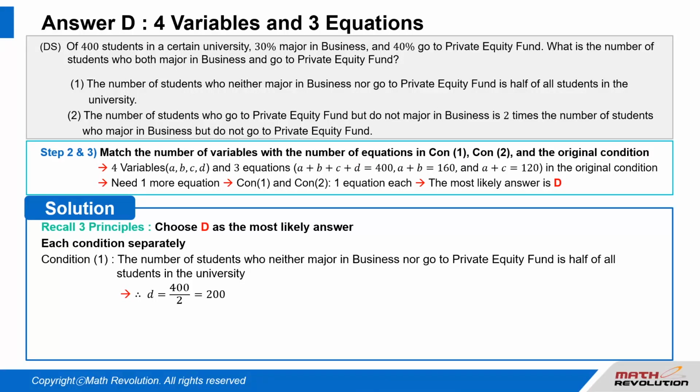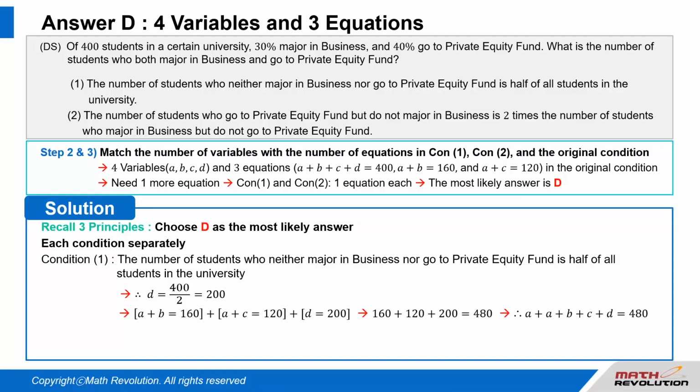Let's take a look at each condition. Condition 1 tells us that the number of students who neither major in business nor go to private equity fund is half of all students in the university. That is, D equals 400 over 2, which equals 200.